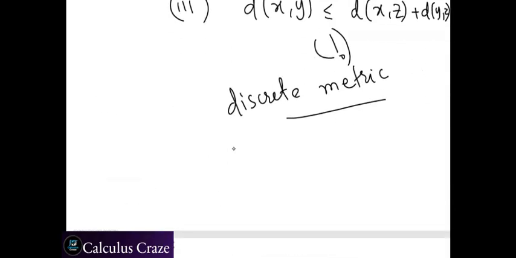I'll take another example which is non-trivial, and then we will be talking about the other side, which is the normed spaces. So let's take this omega. Omega is this guy, 0 to plus infinity, and plus infinity is included here.